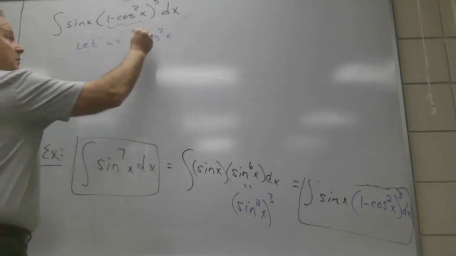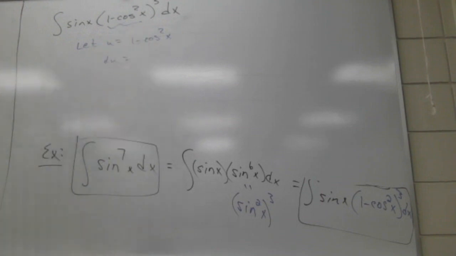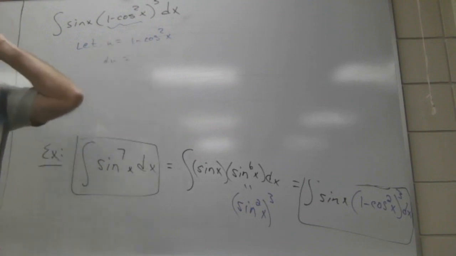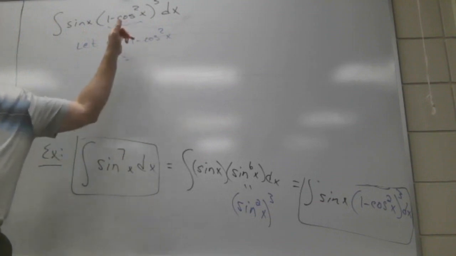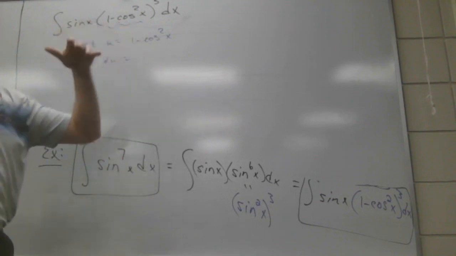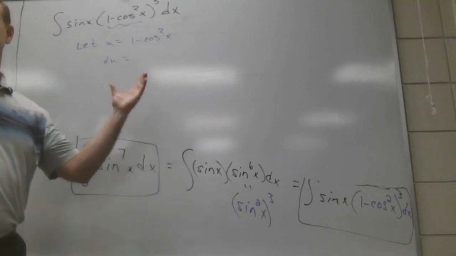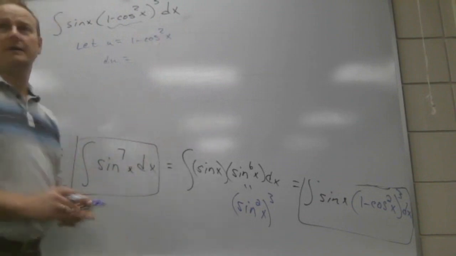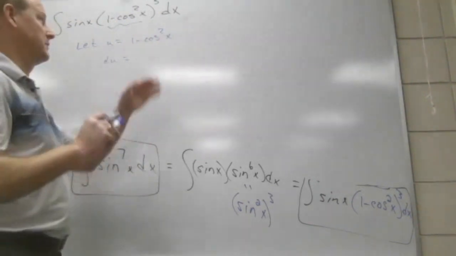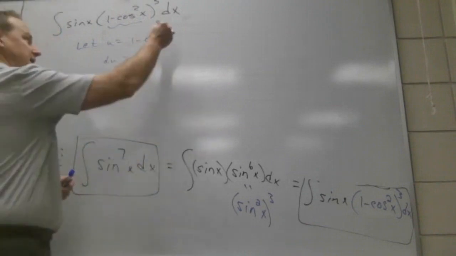And then what do we got to do? I got to figure out what du is, right? So what's the derivative of that? What's the derivative of 1? Derivative of the difference is the derivative. Derivative of 1 is what? Yell it out so the camera can hear you. Was 0, right? So it's constant. And then now we got minus cosine squared of x, which is really like cosine of x quantity squared. So you act like it's okay.